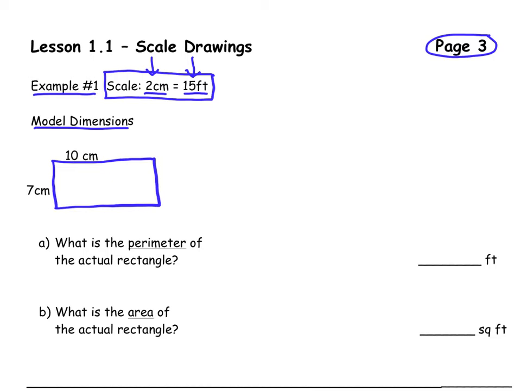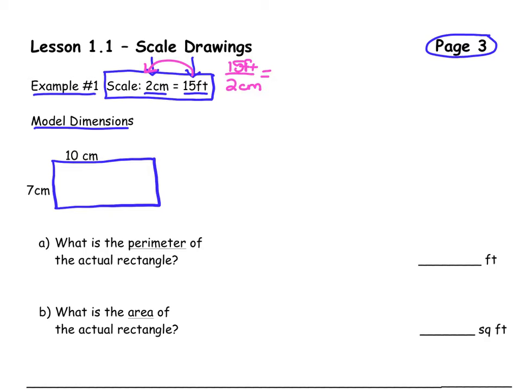So anytime we're given a scale, we're going to find a rate for that scale. We are simply going to put y over x, or in this case, 15 feet divided by 2 centimeters. We need to get a rate for this particular conversion.